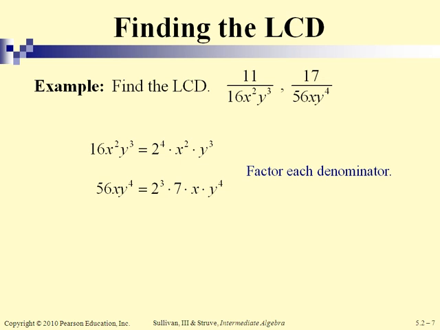Do I need to have z? Yes. Why? Because if I don't have z, then this is not a multiple of that. You need to be a common multiple of both. So you need to include all the factors. As long as you have that factor, you need to include it so that it is a common multiple.